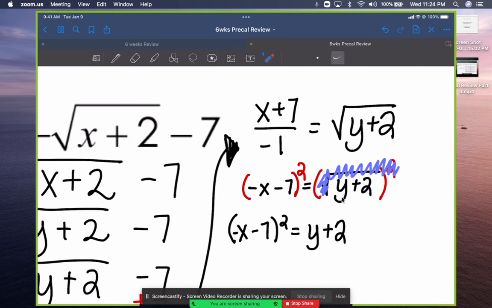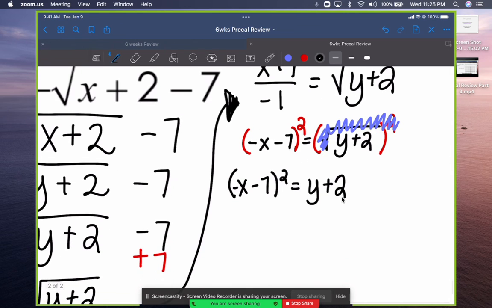Making sure that we put parentheses, because if you just put negative x minus 7 squared, I don't know if it's just the negative 7 squared. Is it just the 7 that's squared? What is squared? Including these parentheses tells me that we squared everything.